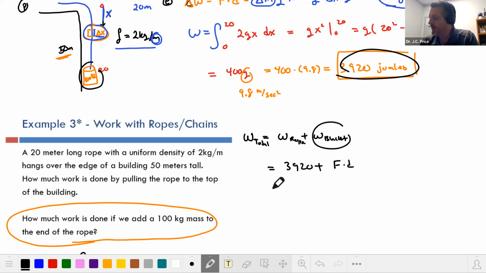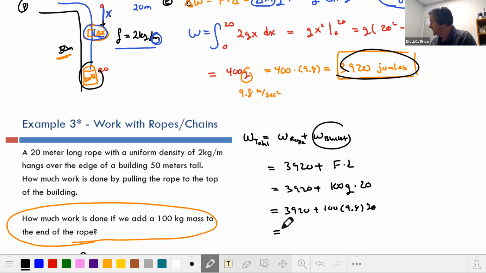The force is just the mass, which is 100 kilograms, times the acceleration due to gravity, g, and then times the distance, you moved it 20 meters, so times 20. So this will equal 3,920 plus 100 times 9.8 times 20.